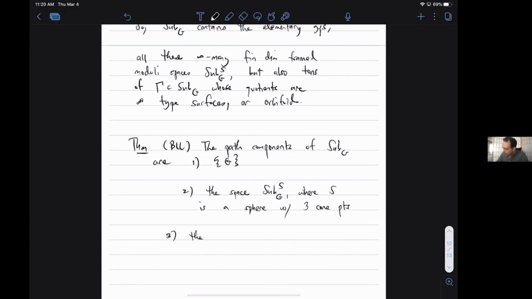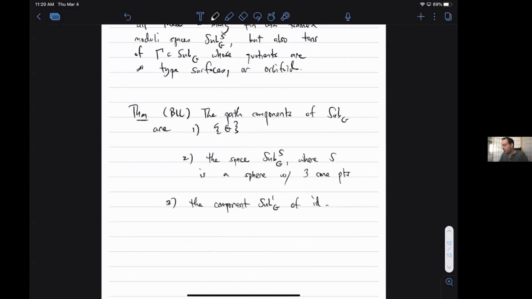Maybe I can say the component of the identity. But really the point is that there's G, that's a path component, then there are all these path components that come from spheres with 3 cone points, and then everything else is connected.